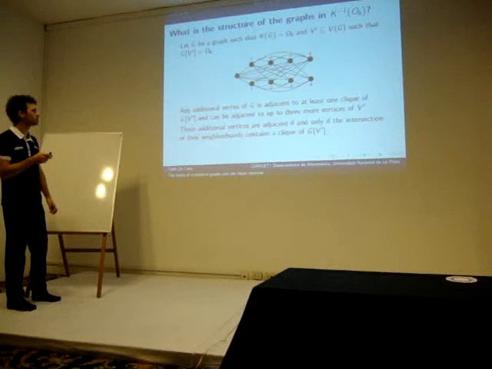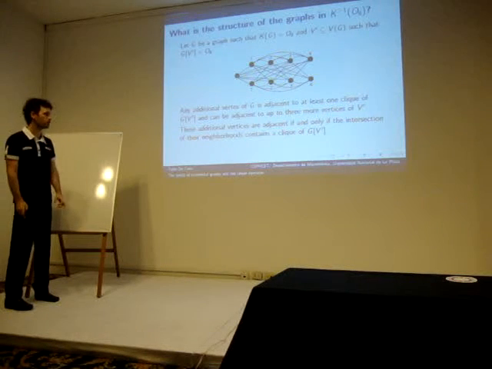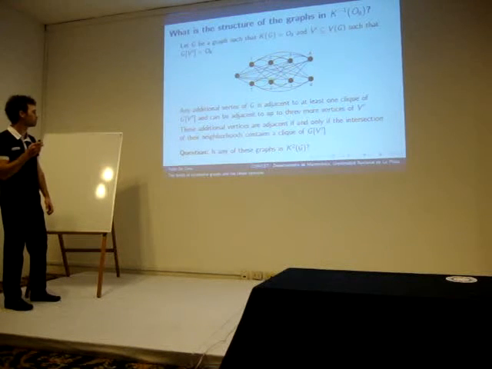And these additional vertices are adjacent when the intersection of the neighborhoods contains the clique of reduced O4.